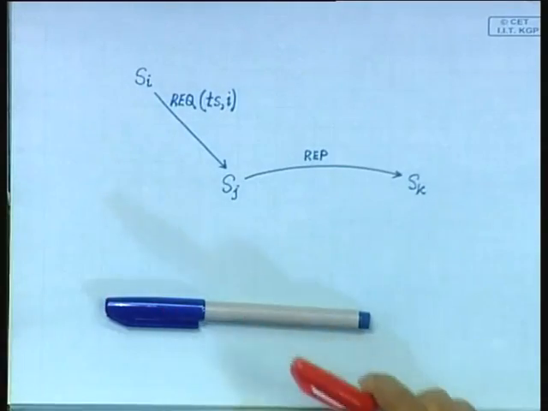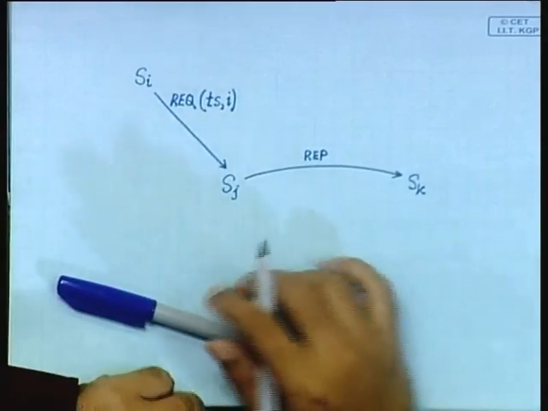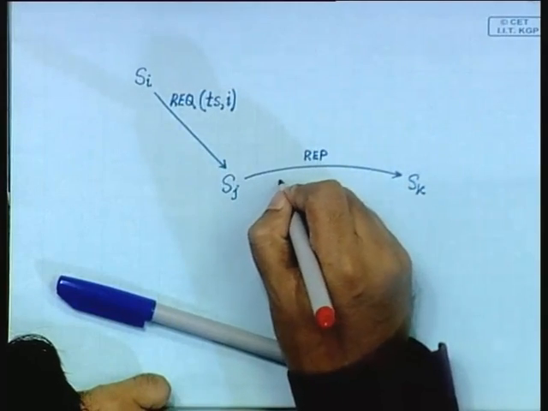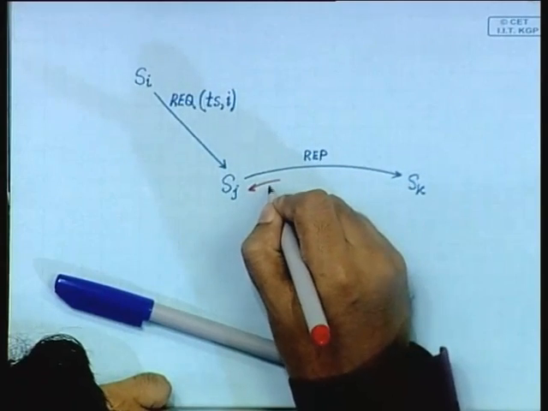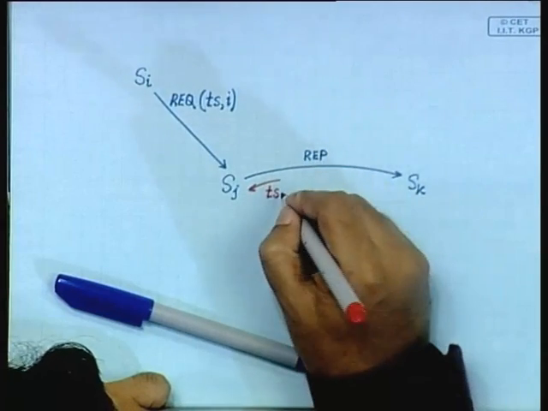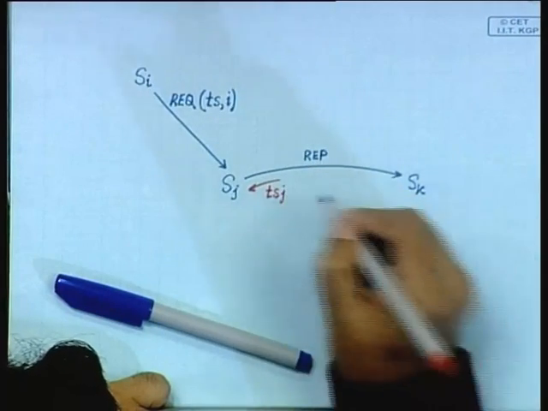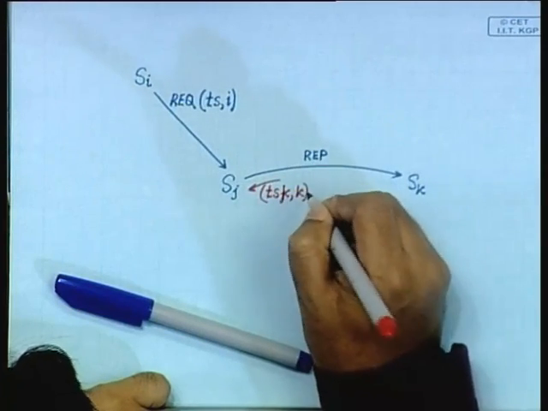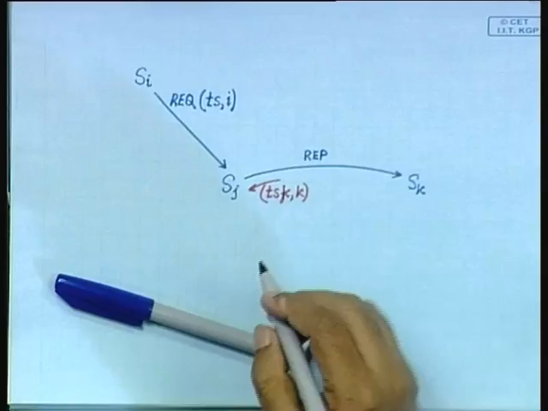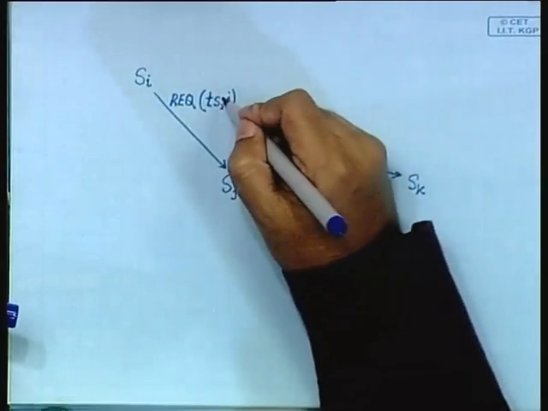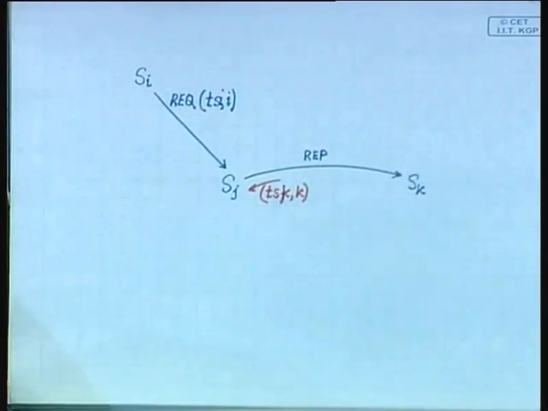So, the timestamp that this one had sent, let us say that was TSk. Okay, let me rewrite this as TSi, so that we distinguish between these two timestamps.